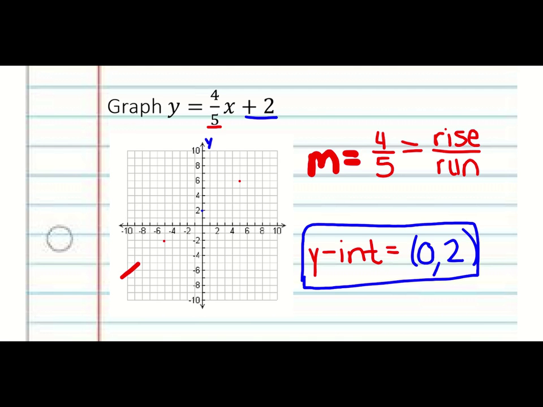If I connect them, I'm going to make it the size of the graph, and I'm also going to put arrows on the end because lines go on forever. They don't just stop where the graph stops. So we put arrows to represent the fact that they continue. And that's how you graph a line. So let's do a couple more examples.